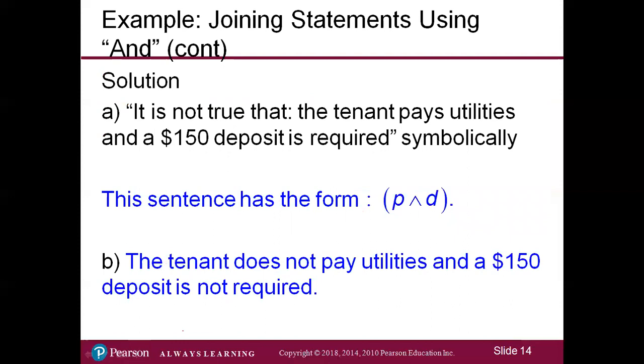So the sentence has the form not, parentheses, P and D. And the symbolic form we were given before, where we assumed it was not P and not D, reads in sentence form, the tenant does not pay utilities and a $150 deposit is not required.